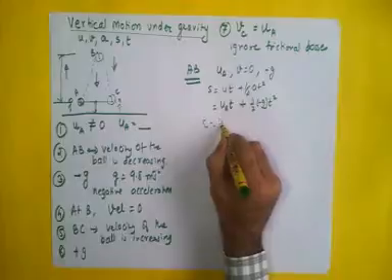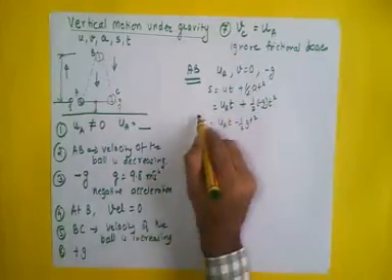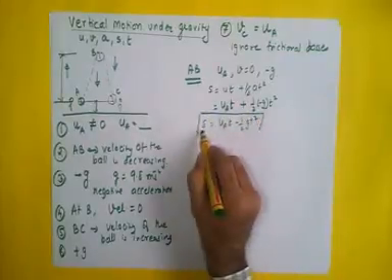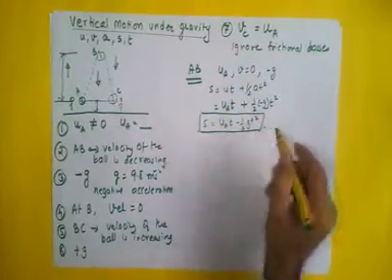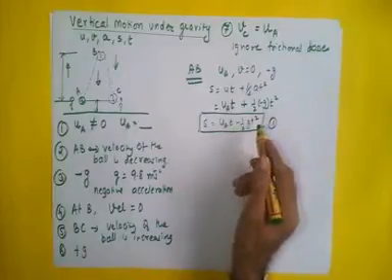So S will be equal to UAT minus half GT square. And this is one of the equations that we may want to underline. Equation 1, S is equal to UAT minus half GT square.